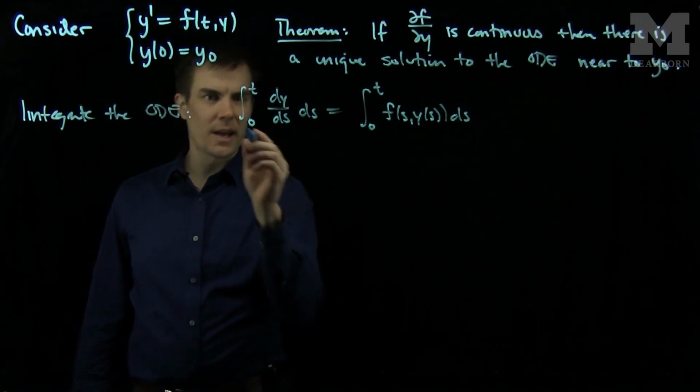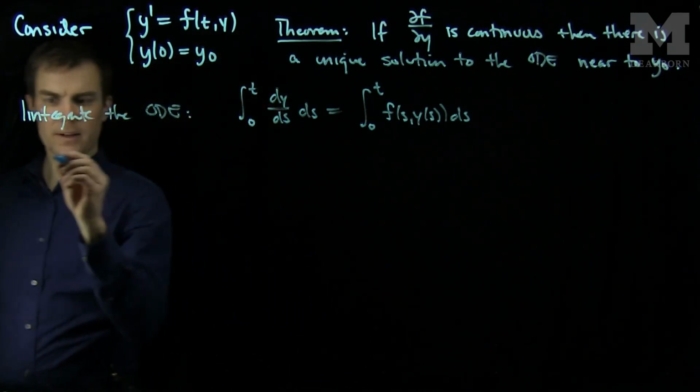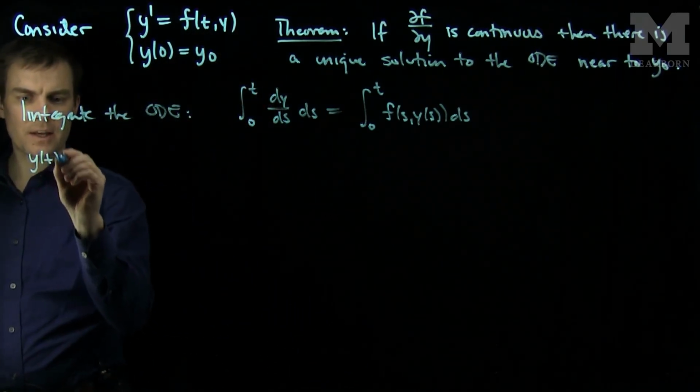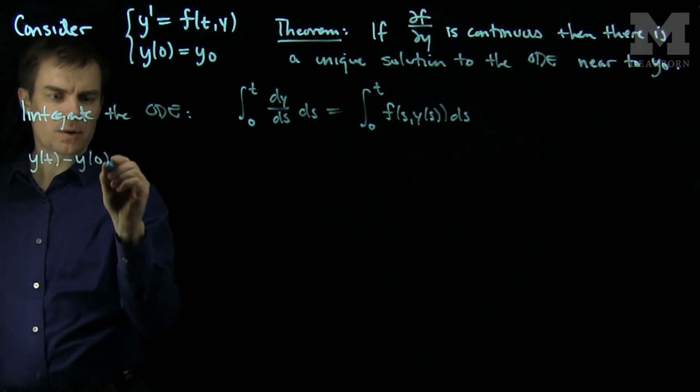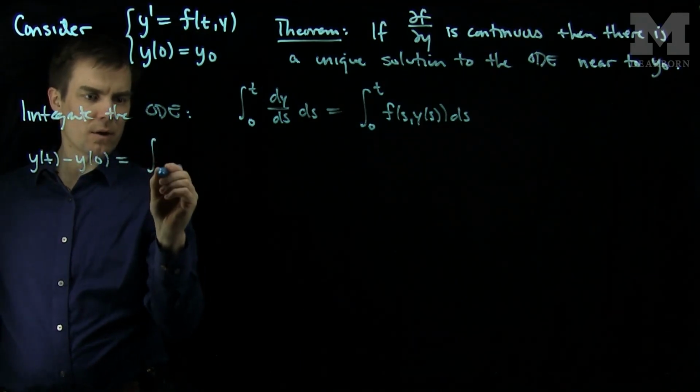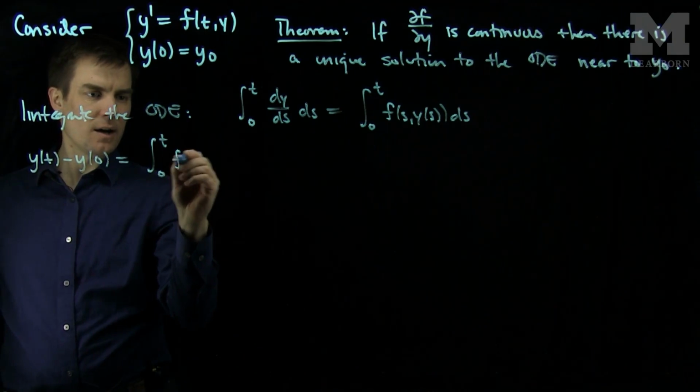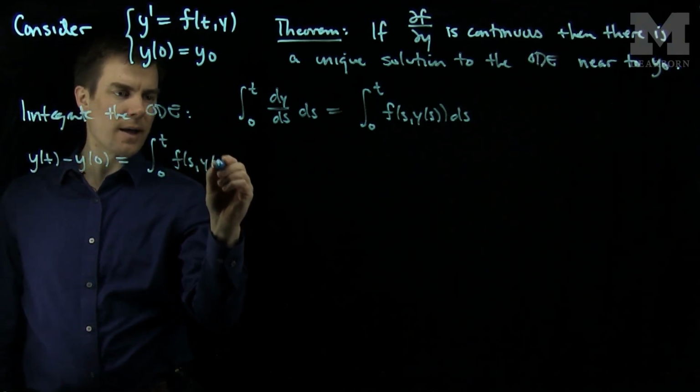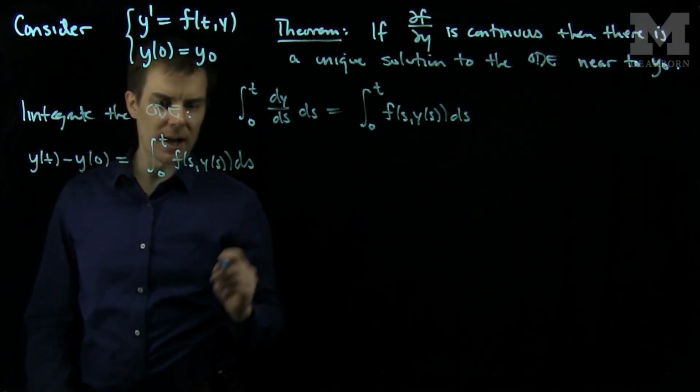The fundamental theorem of calculus will now imply that the left-hand side is y of t minus y of 0, which will be equal to the integral from 0 to t of f of s, y of s, ds.